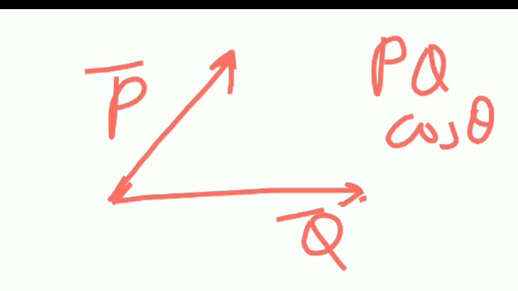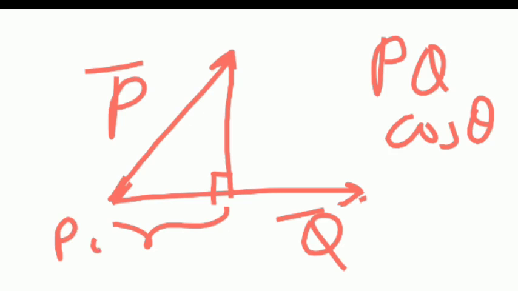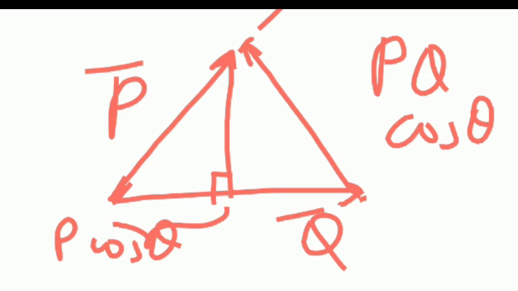Suppose I drop a perpendicular to the vector q bar from vector p bar. This is exactly equal to p cos theta. Or if I draw a perpendicular on p from q, then I will get q cos theta.